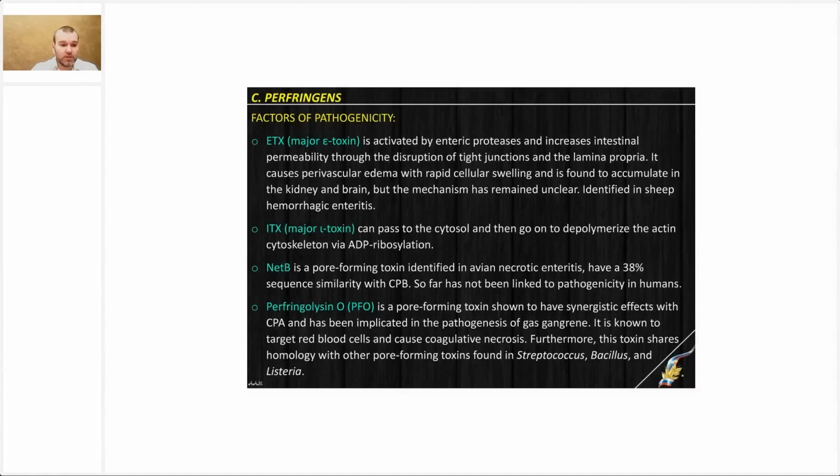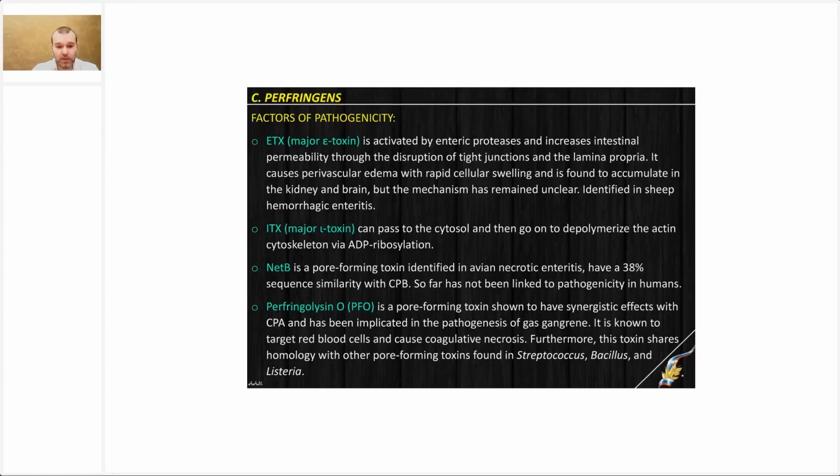ETX, or major epsilon toxin, initially was identified in the sheep and in cattle suffering from hemorrhagic enteritis. And it seems like the toxin is activated by different enteric enzymes and can initiate its activity only in the intestine.